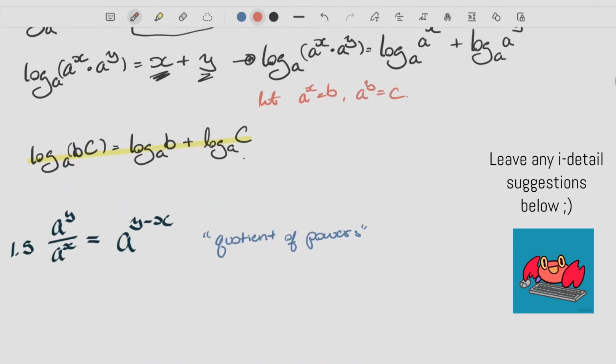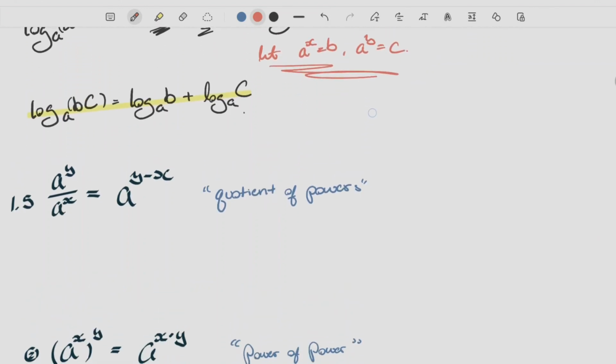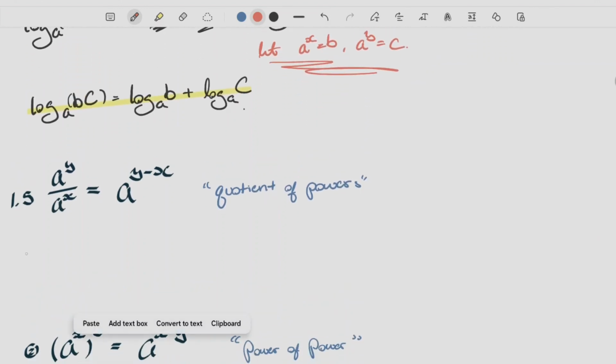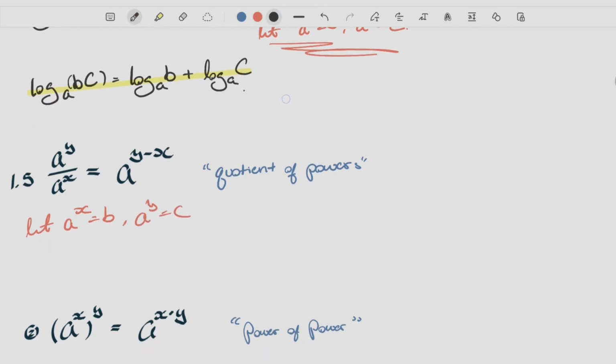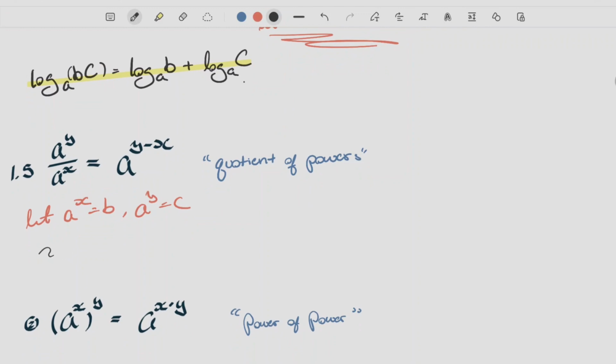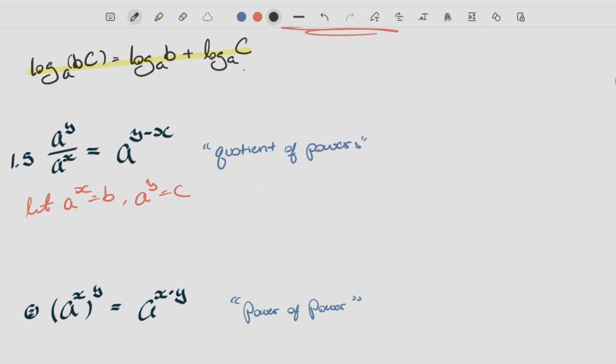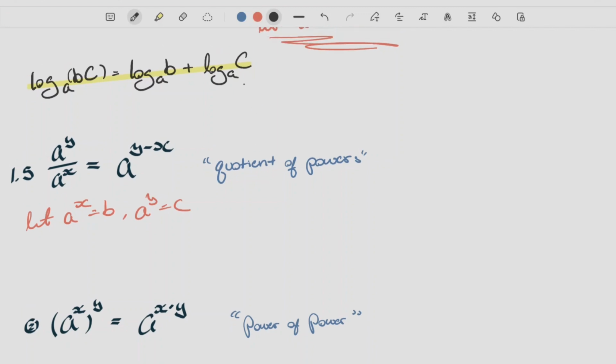We're gonna keep these guys. Let a^x equal b and a^y equal c. So keep that in the back of your minds, just so we can make it look general, because why not?